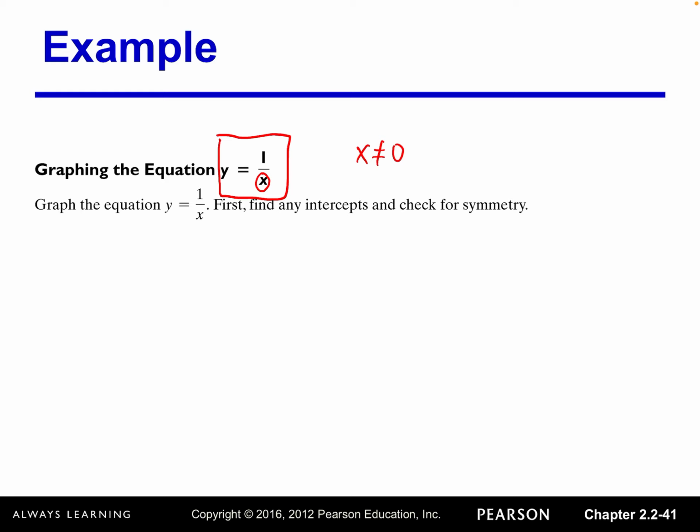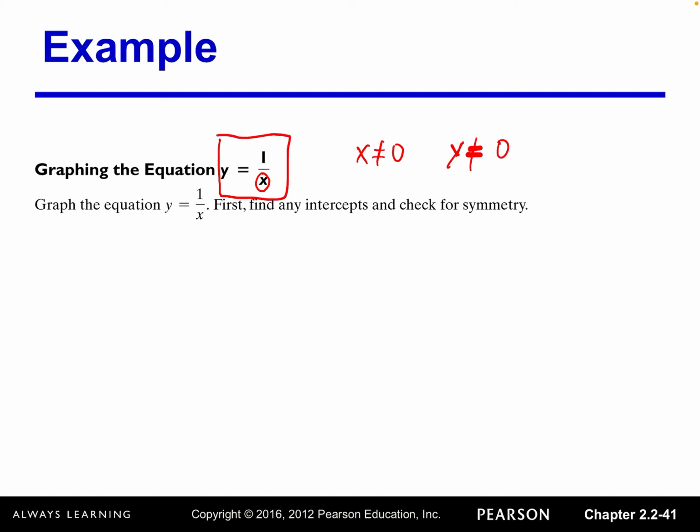If x can never be 0, then 1 over x, y, can never be 0 also. So for this particular function, there's no x-intercept, no y-intercept, or in other words, the graph will never either touch or cross the x and y axes.